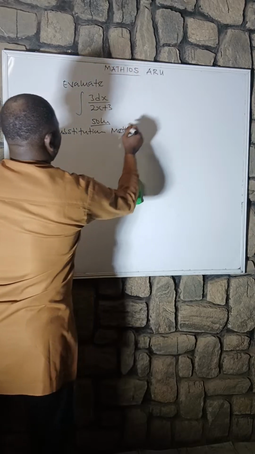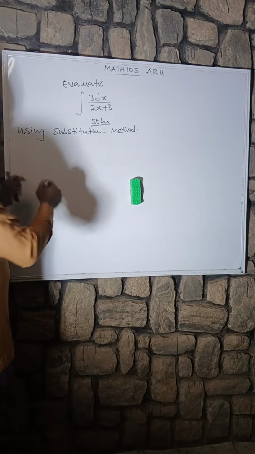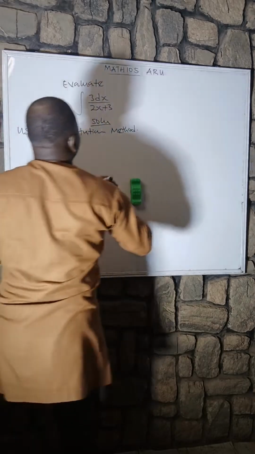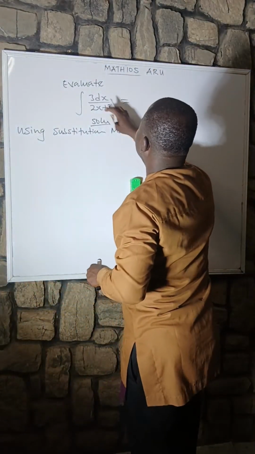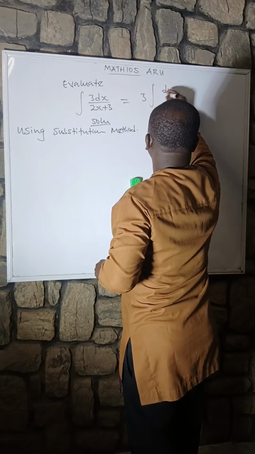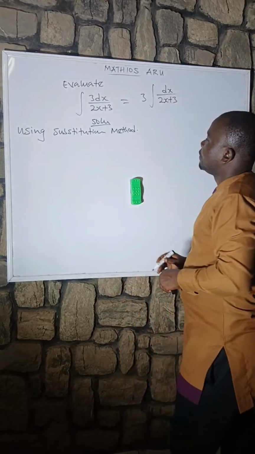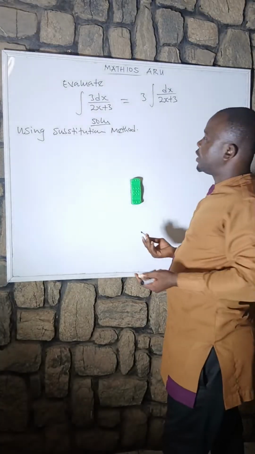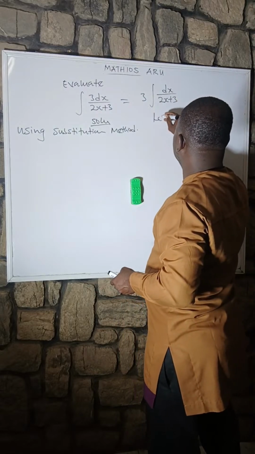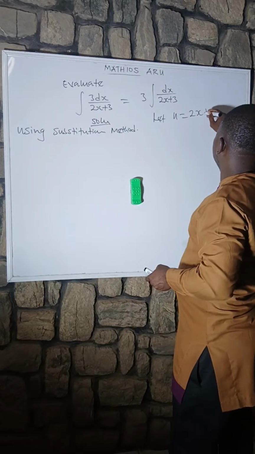Okay? So here you now say let any alphabet be equal to the denominator. Is that clear? But do you know that this is the same thing as 3 times the integral of dx over 2x plus 3? True or false? So we now use a substitution. Let u be equal to 2x plus 3.